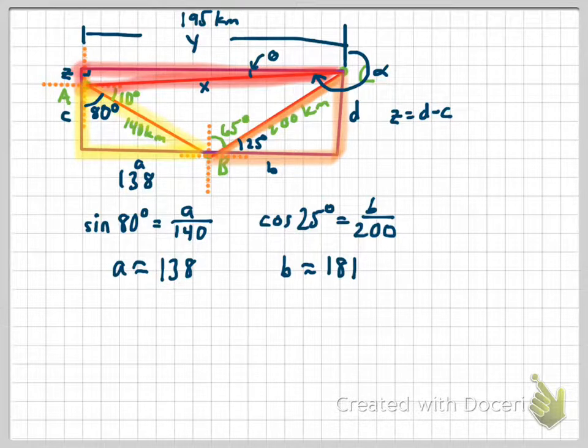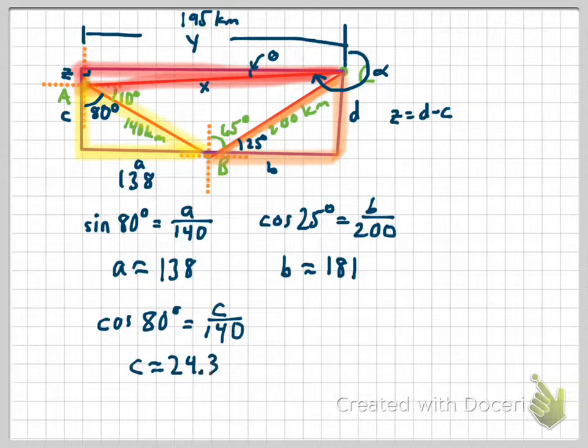All right, now the next thing we're going to work on is finding the value of Z right here, for which we said we need to know the values of C and D. So let's go back to this yellow right triangle to find the value of C. We're going to use a cosine in order to do that. We will say that the cosine of 80 degrees equals C over 140, which should give you about 24.3 for C. And then the value of D over here, we'll use a sine function for that because we know the opposite angle from it.